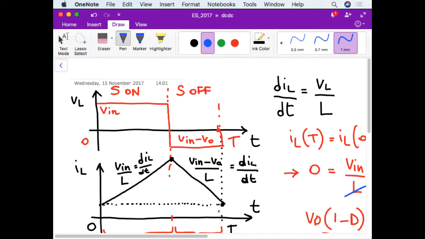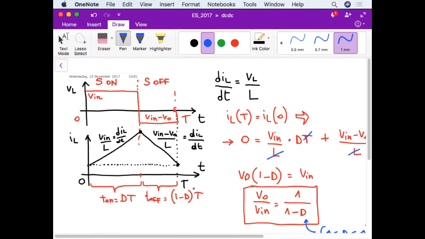When we move down this line, we can get this below 0 and arrive in a situation in which the current in the inductor is not always positive anymore. So we need to investigate this situation a bit more.